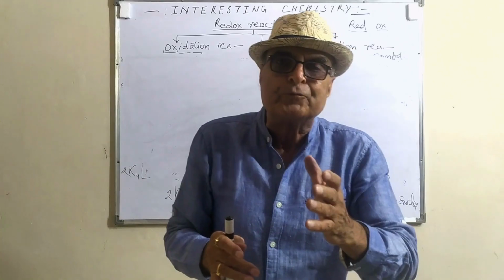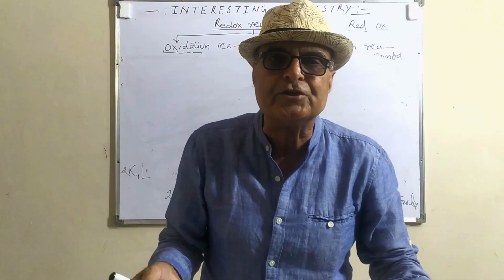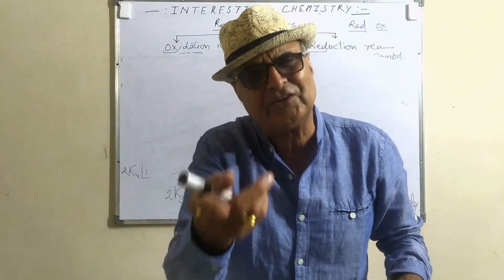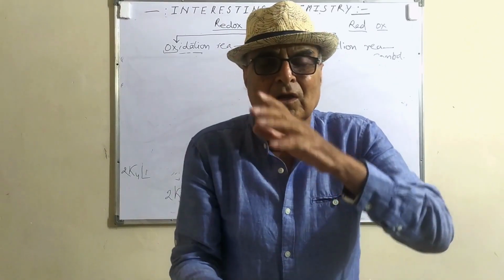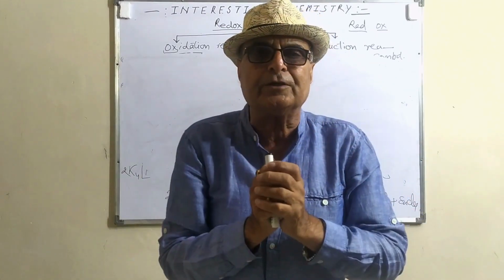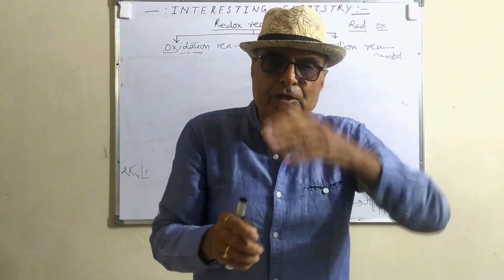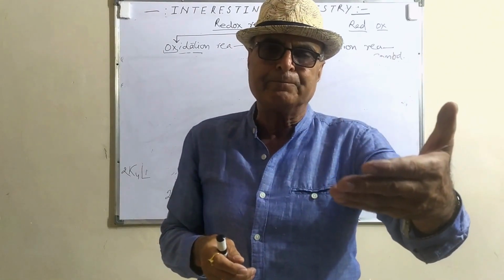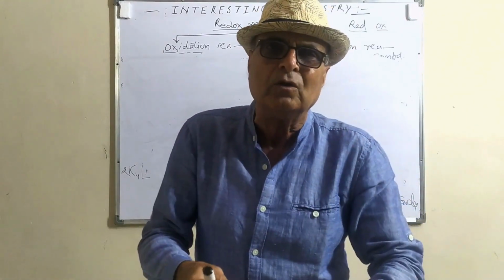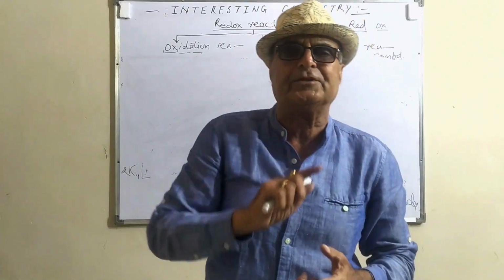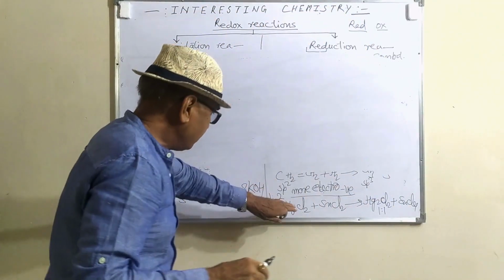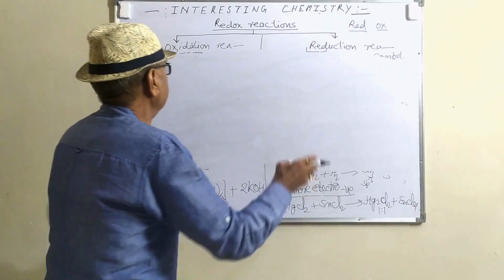You can say where there is oxidation, there is reduction. So in the same reaction, if oxidation takes place, reduction will also take place. I will explain from this example.